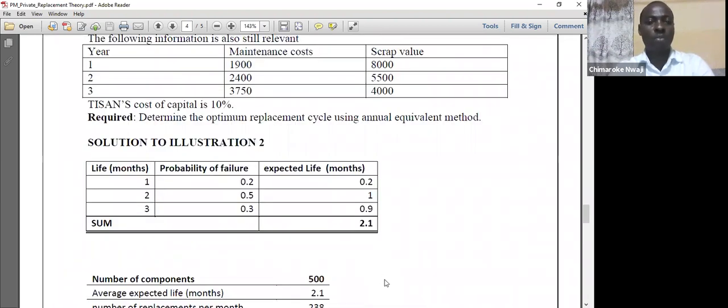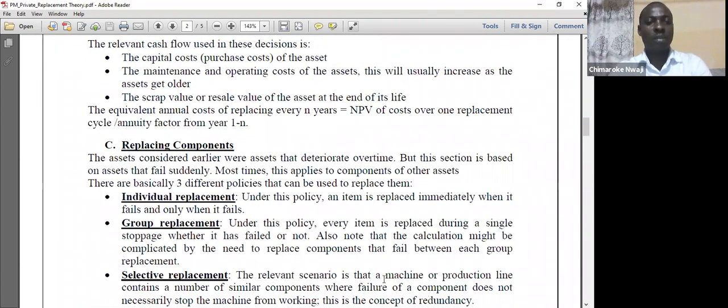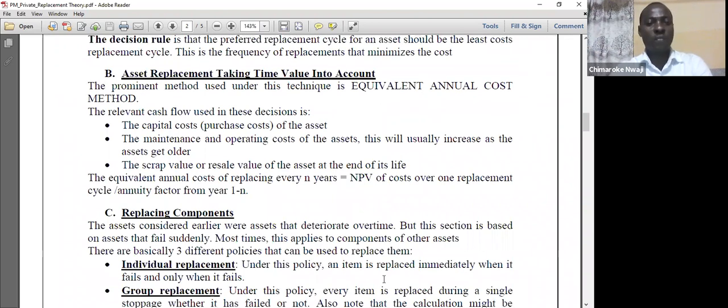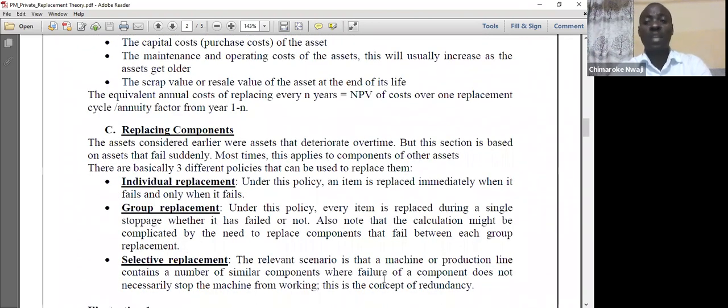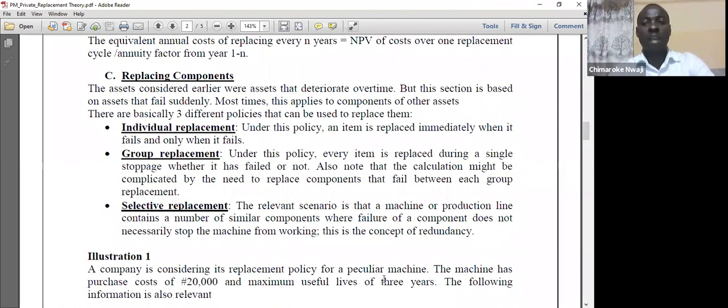Let's go back to reading the story involved. Now, replacement of assets or components. Now, this is components. We talked about replacement of assets that deteriorate. Now, we're talking about replacement of components that fail suddenly. There's a difference between an asset that deteriorates over time and an asset that fails suddenly. What's the difference?